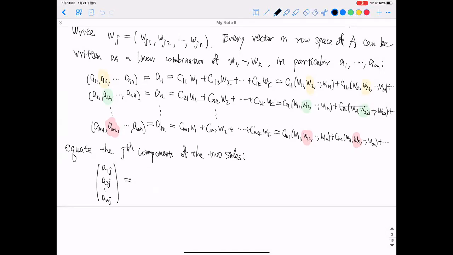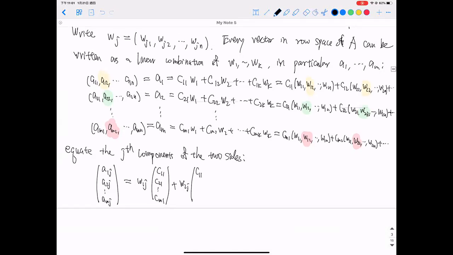It's going to look like W1J times C11, C21, CM1, plus W2J times C12, C22, CM2, all the way to WKJ times C1K, C2K, CMK.